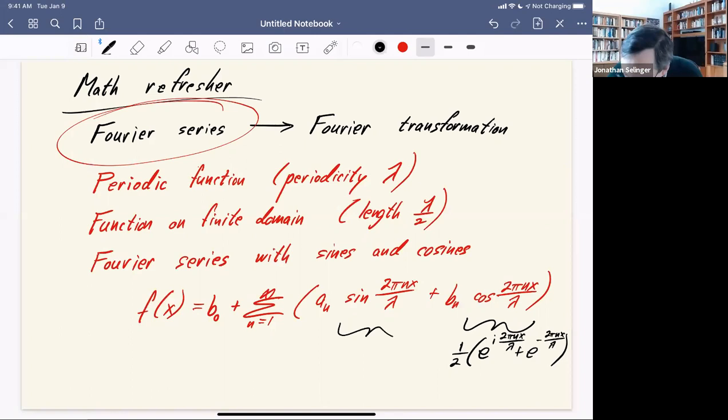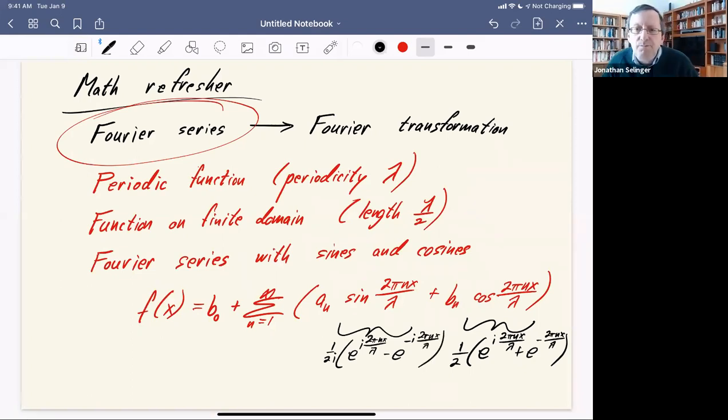And likewise, this sine is 1 over 2i times e to the i 2 pi n x over lambda minus e to the negative i 2 pi n x over lambda.